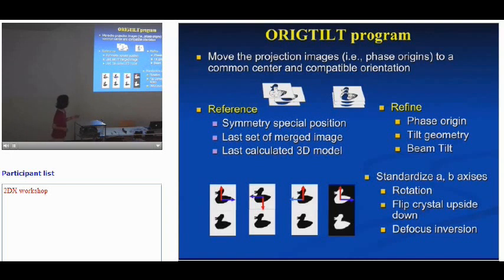For example, what we're doing is trying to standardize your A and B axes relative to your image. So for instance, we decided that this is going to be our A axis in blue, and this was the B axis. That's in our reference. Now, your image that comes in, it may be that when you acquired the data, this crystal was turned around 180 degrees.